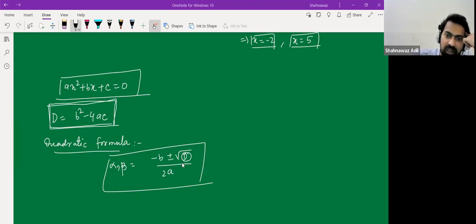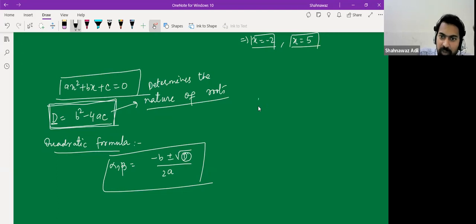Yes. So as I was saying, this D determines the nature of the roots. If D is positive, or greater than 0, then you will have two solutions. This root D will give plus minus something. Let's say D is 4, so this will give plus minus 2, right, Shaima?